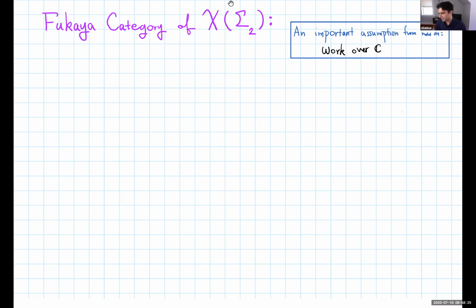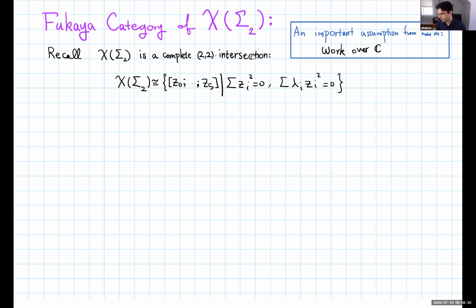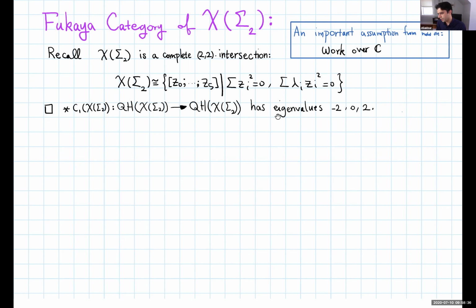Remember that the first interesting character variety is χ of Σ2. From now on, let's work with complex coefficients. Remember that it's a complete intersection. In this case, you can look at quantum multiplication by the first Chern class as a map on quantum cohomology. It has 3 eigenvalues, -2, 0, and 2.